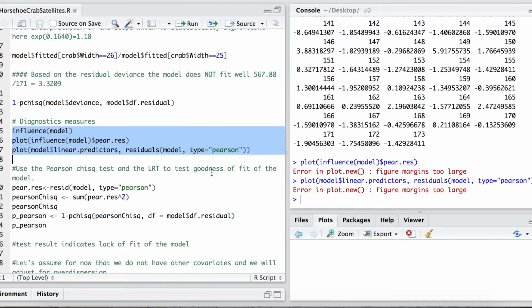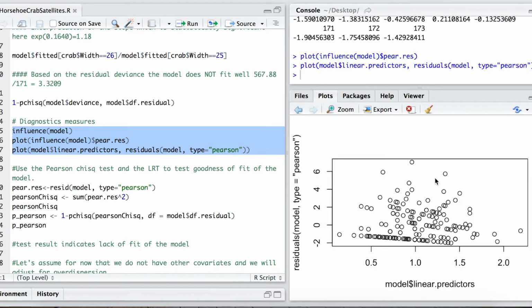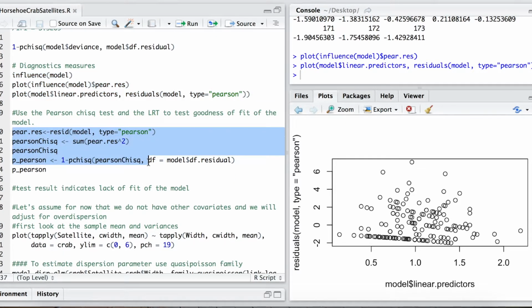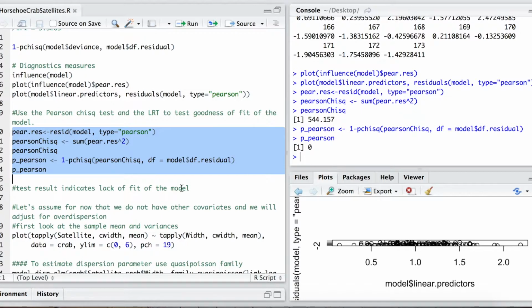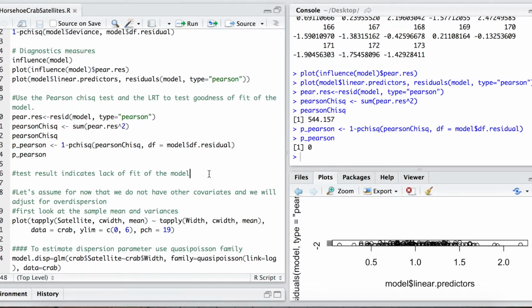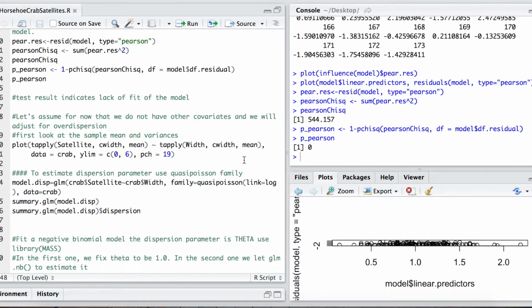So we run this, and we will get our graph, but this shows that it's not equally distributed around 1 or 0, so it's not a good fit. We can also test the Poisson chi-square test, which equals 0, also not good. So both test results indicate lack of fit of the model.